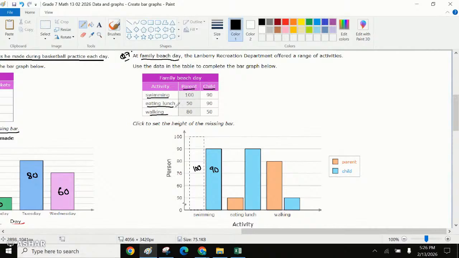For eating lunch, 50 people wanted to eat lunch. Okay, I need to explain this. We cannot see 10, 20, 30, 40, right? What they do is they compress the graph, because otherwise we would have to make 10, 20, 30, 40. Then we begin with the graph at 50 onwards.